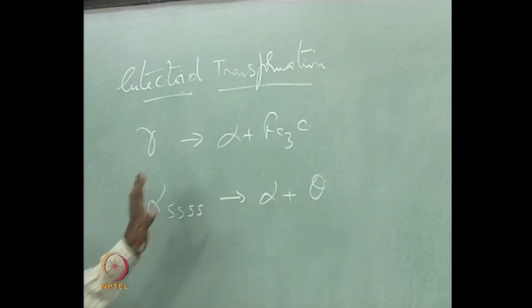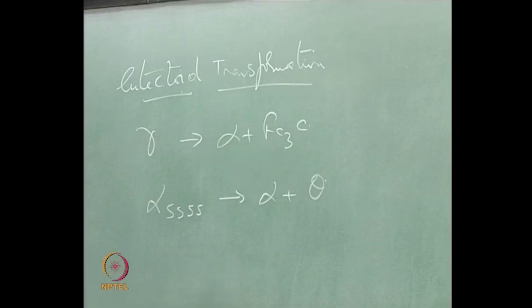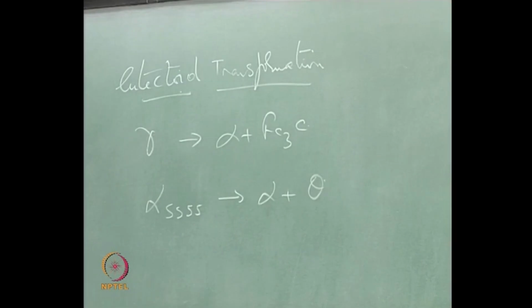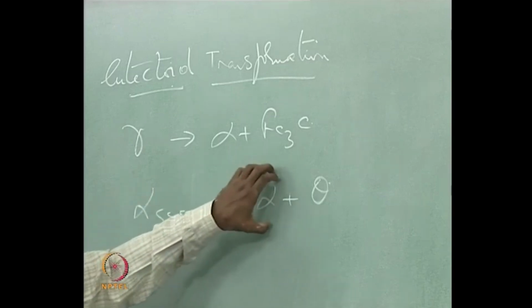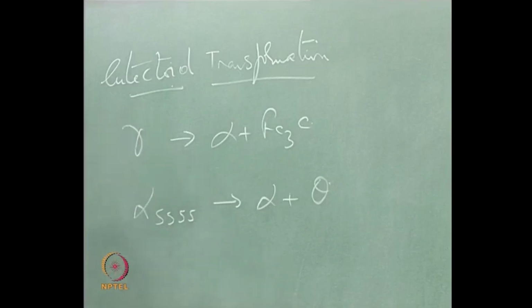So, here the parent phase does not vanish after the transformation, excepting that the volume fraction of the parent phase, which is initially 100%, would decrease to a certain extent where the product phase takes over some part of the parent phase. Whereas in a eutectoid transformation you would see in principle there is no parent phase left out, excepting in cases where you are talking about a hypoeutectoid or a hypereutectoid where there is a pro-eutectoid phase.